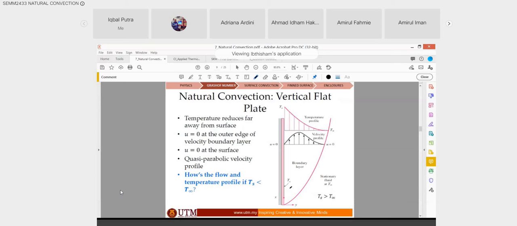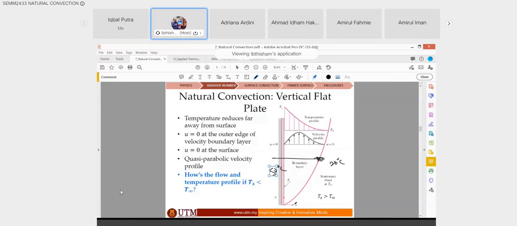Okay, so let's look at how the temperature profile and the velocity profile act on a flat surface. So let's say this is a flat surface, where the temperature of T surface is much higher than the ambient. So 50 degrees, and this is 20 degrees C. So heat transfer will be in that direction.